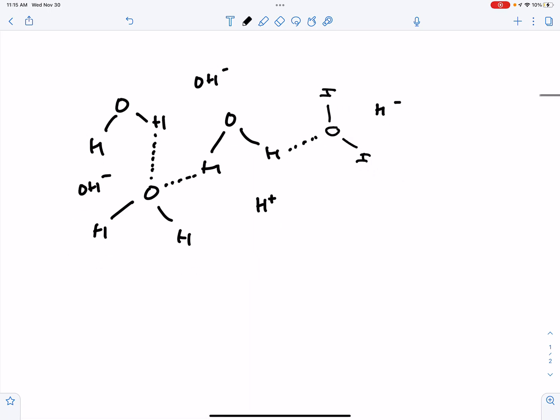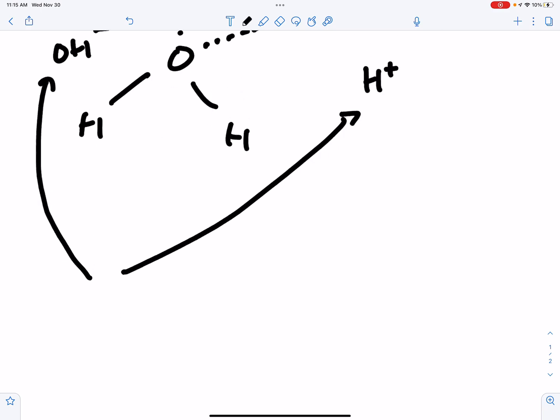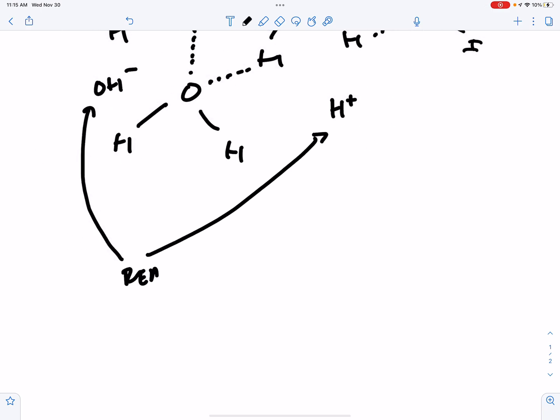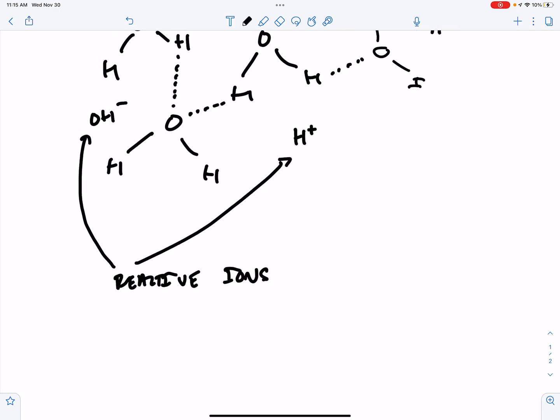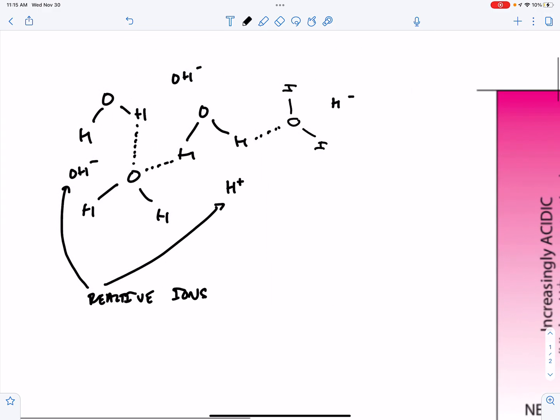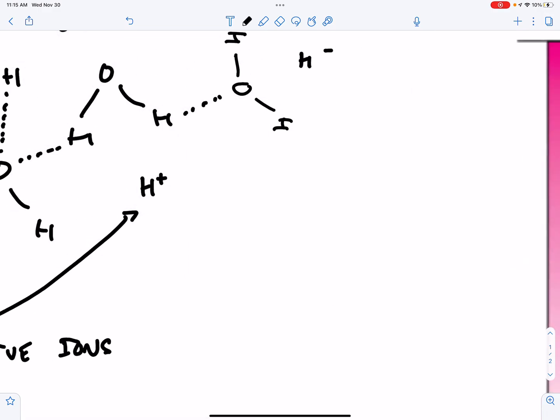So these ions are reactive. And the concentration of these ions is going to affect properties of the aqueous solution. And the aqueous solution is just a fancy way of saying water solution.